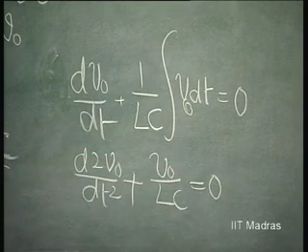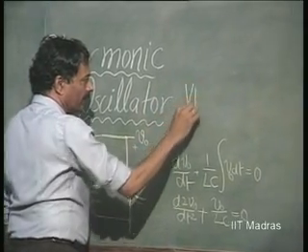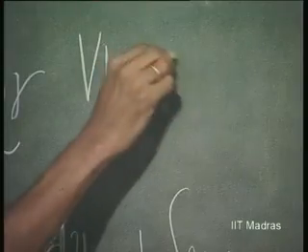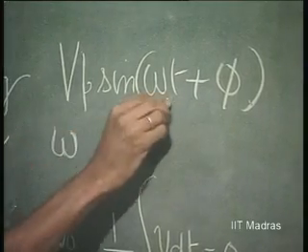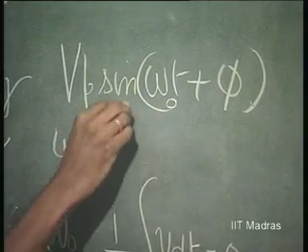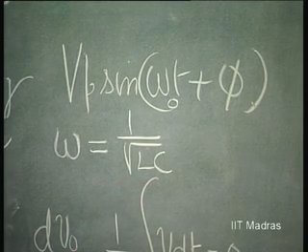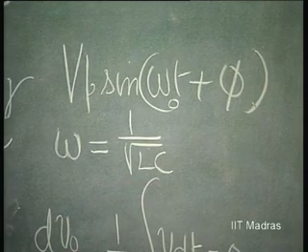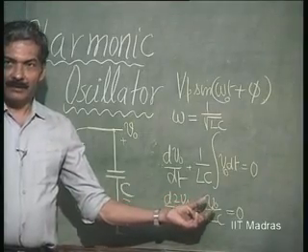Solution of this is nothing but what? Some Vp sin omega t plus some phi. Omega naught is the resonant frequency, equal to 1 over root LC, root of gamma. That is known as the frequency. In mechanics, you might be using some k or something like that.